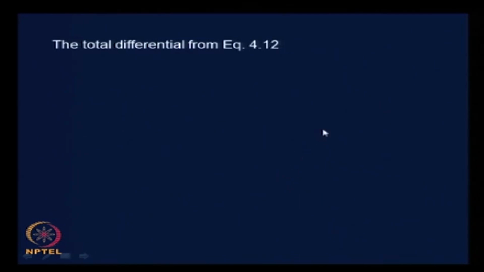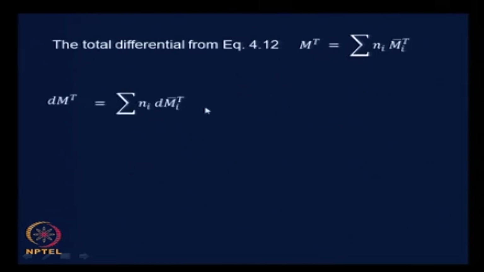The total differential from equation 412, which is Mt equals the summation of Nᵢ times the partial molar property of i: you take the product of each and sum them over, and that will be equal to the total extensive property value. This is equation 412. If we differentiate this, we get the total differential dMt equals the summation of Nᵢ times d(partial molar property of i) plus the summation of the partial molar property times dNᵢ.